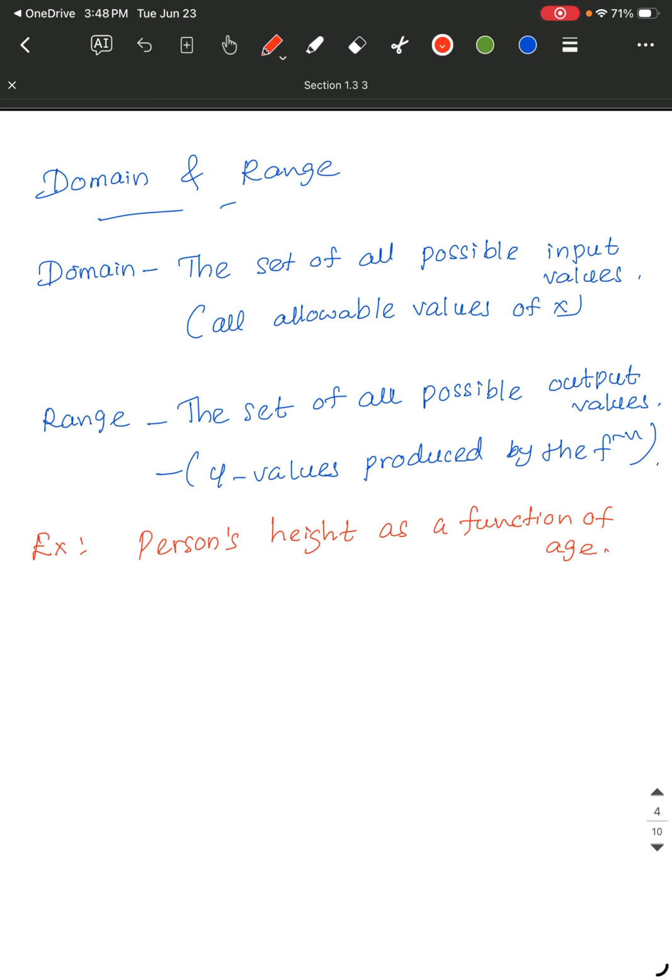That means the positive height measurements.